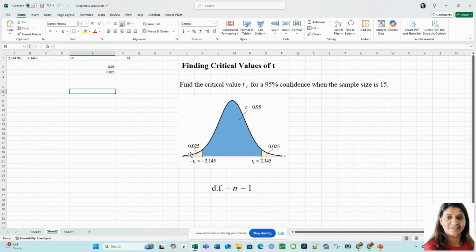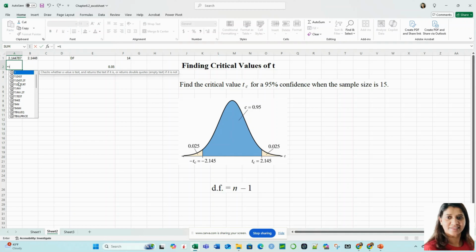This is the cumulative probability of the t distribution up to the value tc. So we can use the Excel function, type equal T dot inv, double click it, give the probability, comma, and the degrees of freedom is 14.